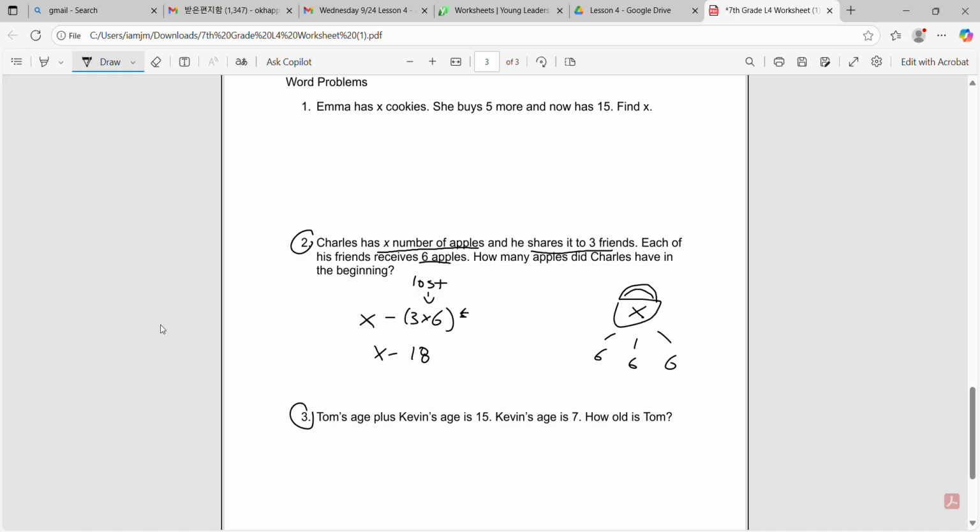So we move this to the other side, x minus 18 equals 0, plus 18, plus 18. And you get x equals 18. Indicating that Charles had 18 apples in the beginning. Got our answer.